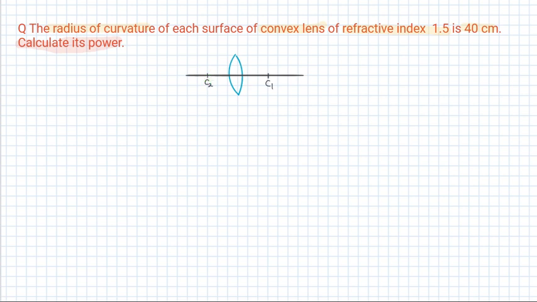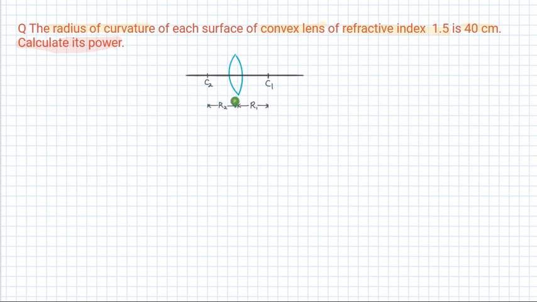For the first refracting surface, the distance from the center of the lens to C1 is the radius of curvature, denoted by R1. Again, from the center of the lens to the center of curvature of the second surface, this distance is the radius of curvature for the second refracting surface, denoted by R2.